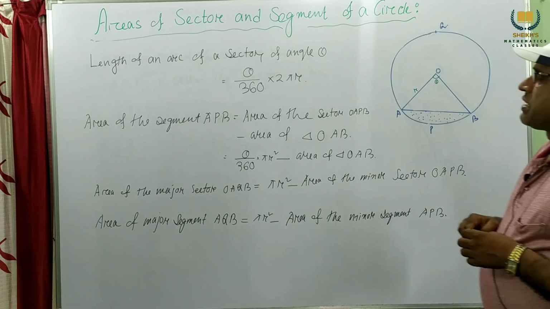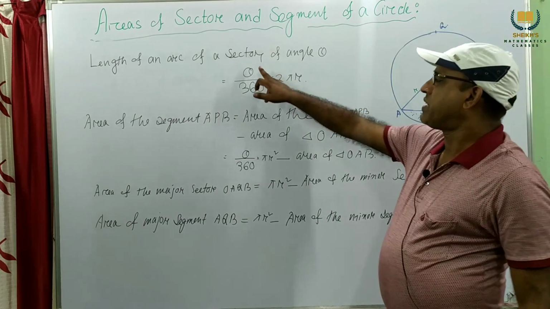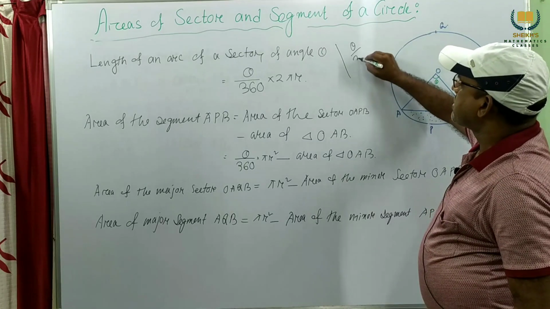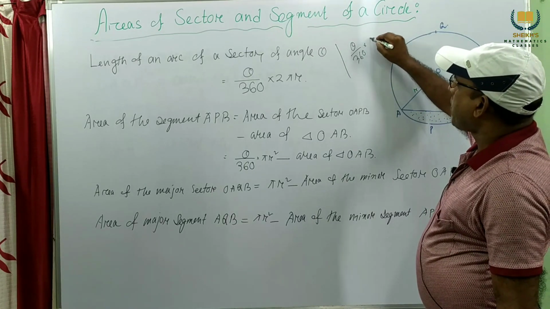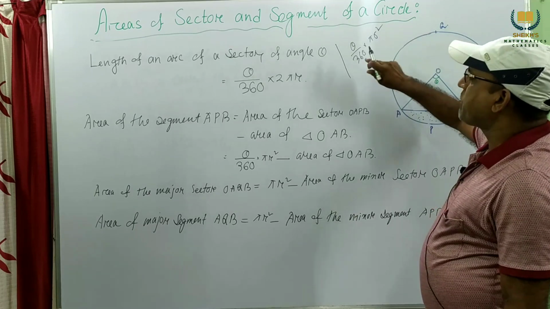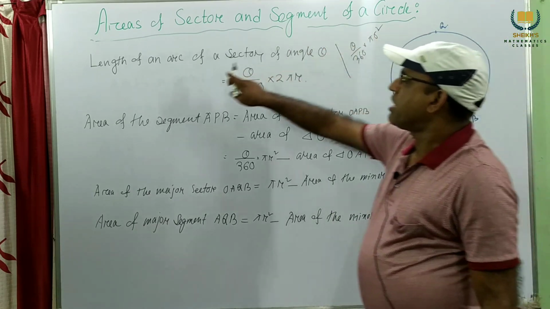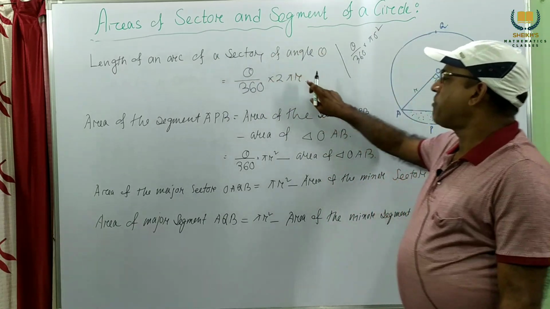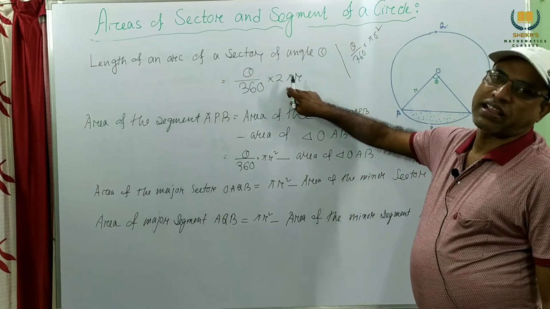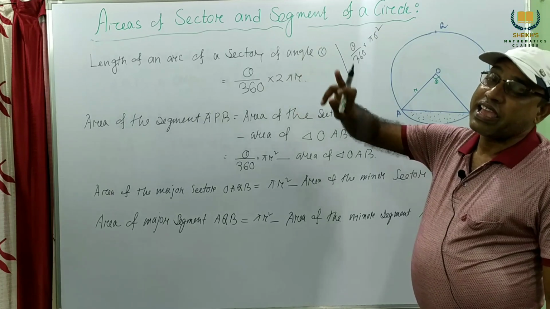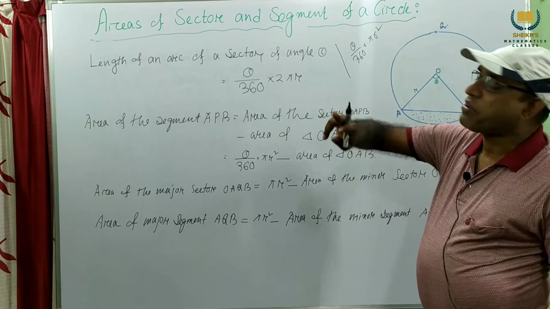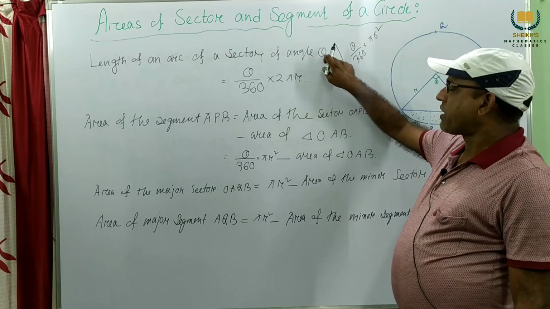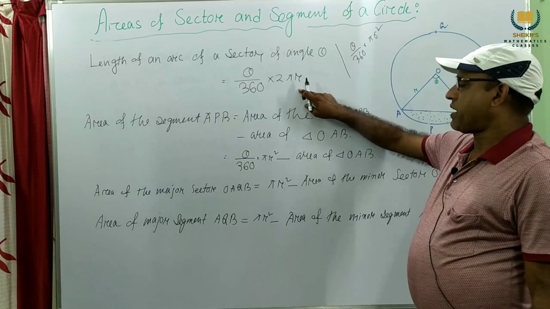If the length of an arc of a sector with angle theta is given, we write twice pi r. This is the difference: area given, we write pi r square, and length given, we write twice pi r.